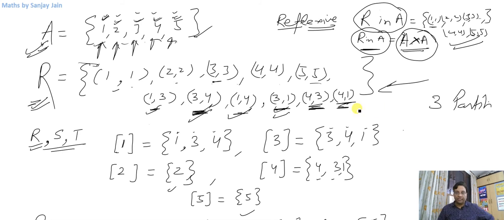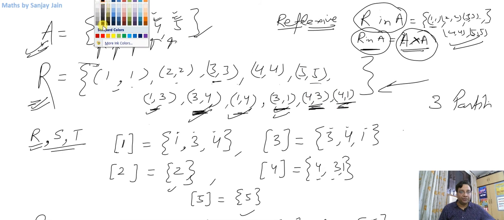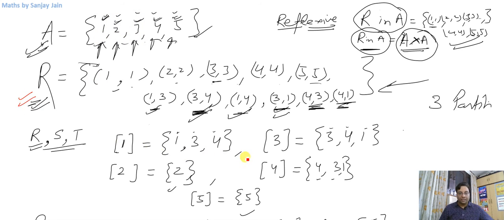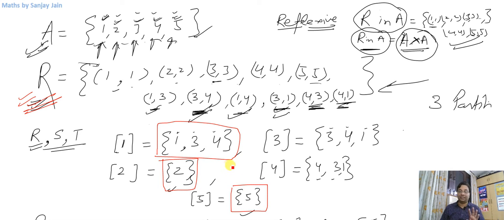And one more thing, that we can go reverse also. What do I mean? If you are given the partitions, you can find this relation. For example, in this particular relation, we got partitions {1, 3, 4}, this set containing 2, this set containing 5. So we got these 3 partitions, right?